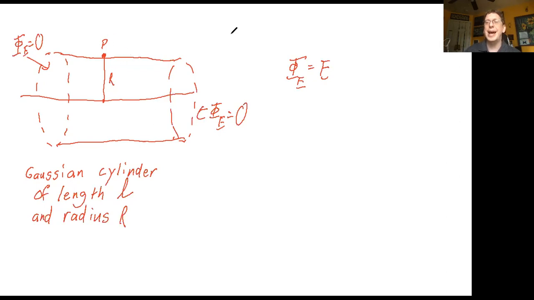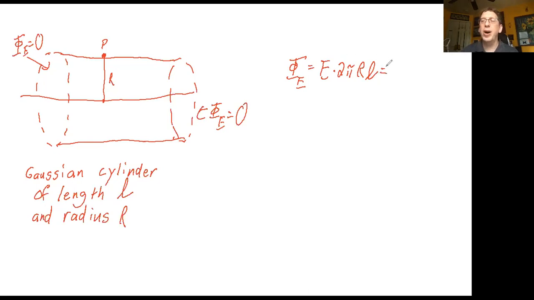That's equal to the circumference of the circle, 2 pi r, times the length of the cylinder L. From the definition of the electric flux, that's the electric flux through the cylinder.